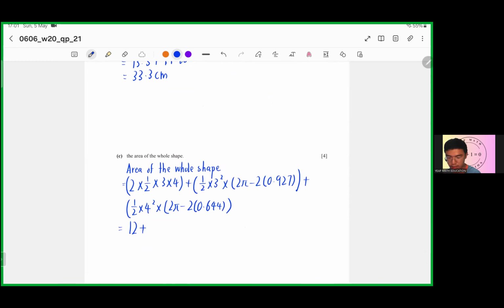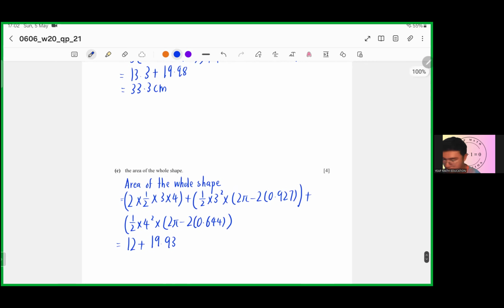12 plus 19.93, and one more is 39.96. So now we take 12 plus 19.93 plus 39.96.